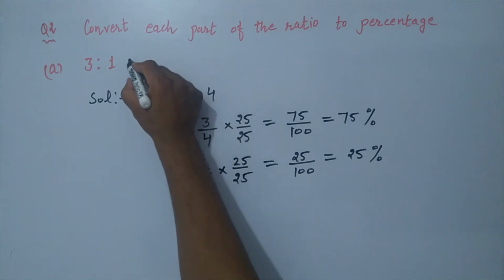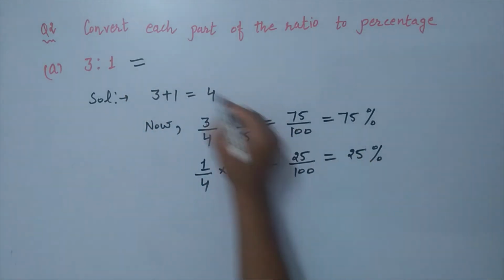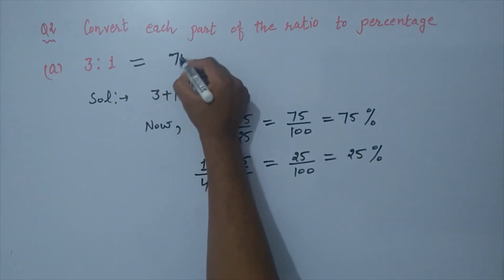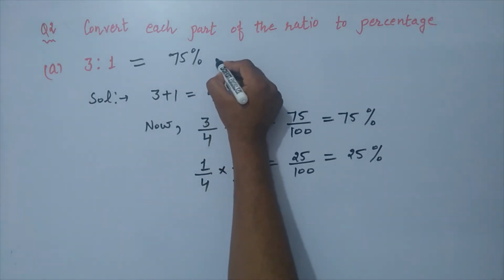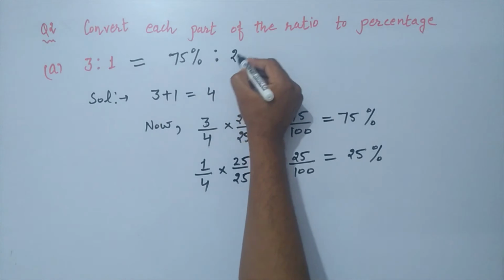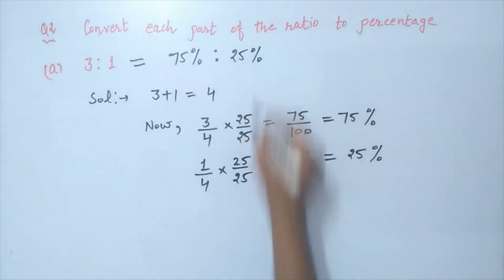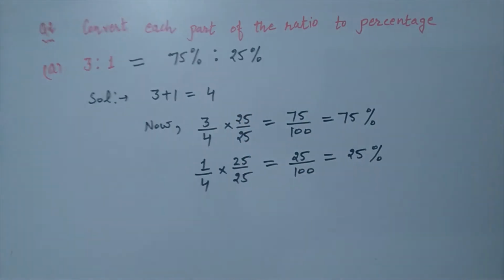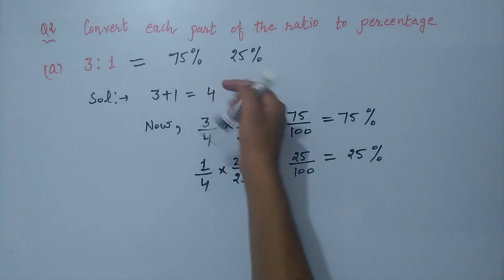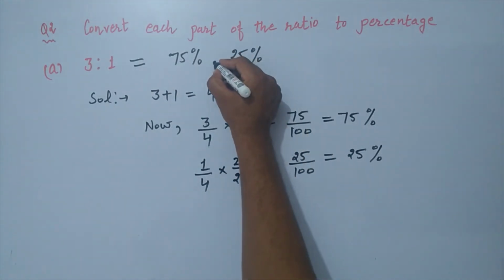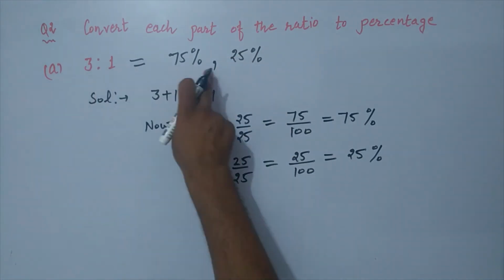So what is 3:1? This means 75%, 25%. Because we have obtained the ratio, so we put here comma sign in place of ratio.